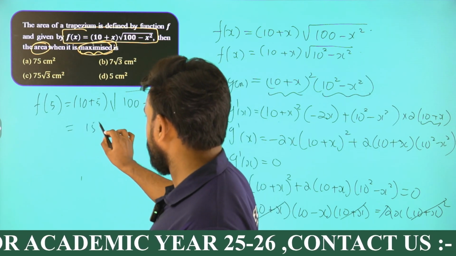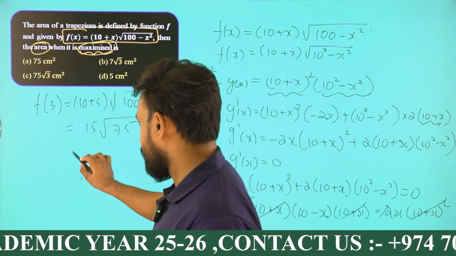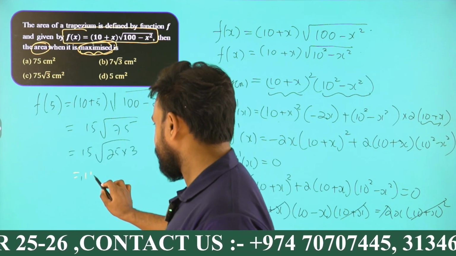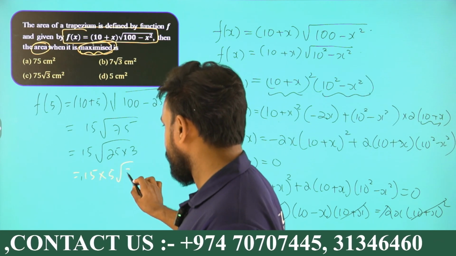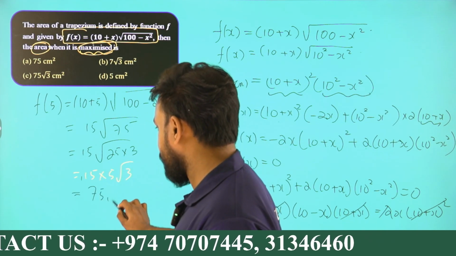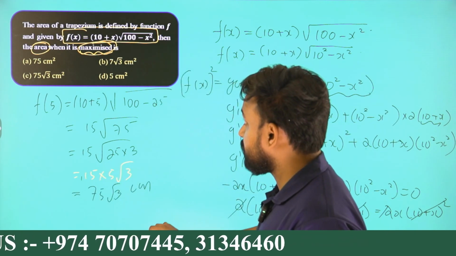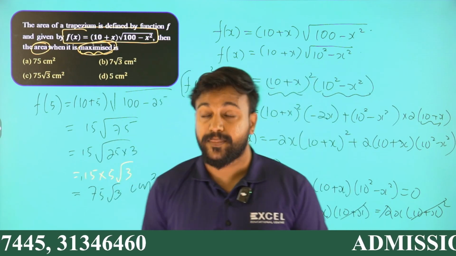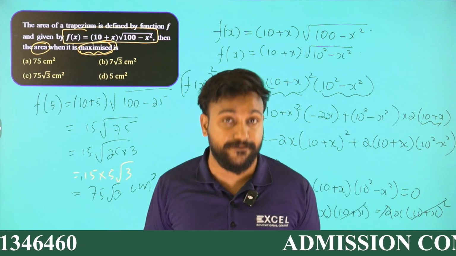It will be 15 root 75. It will be 15 root (25 into 3). It's 15 into 5 root 3. It will be 75 root 3 centimeter square. That is the maximum area that this trapezium can have.